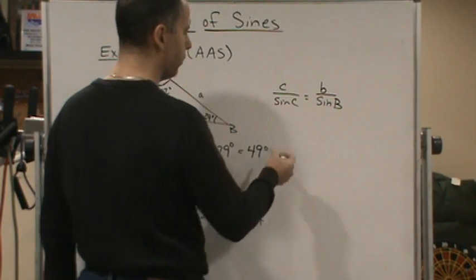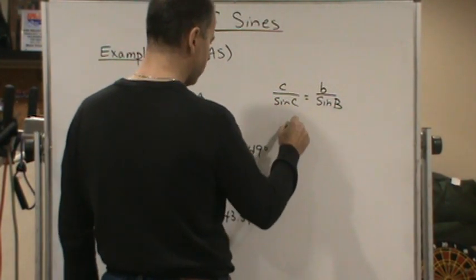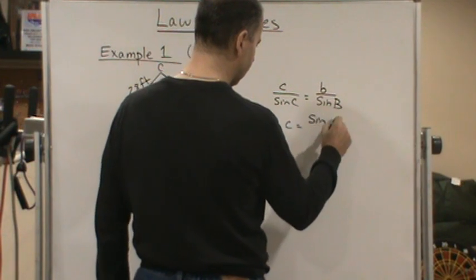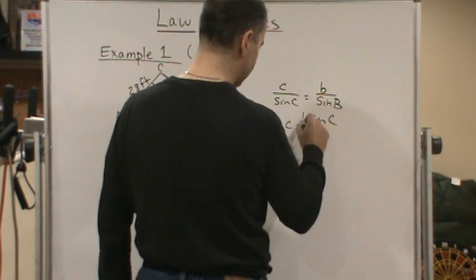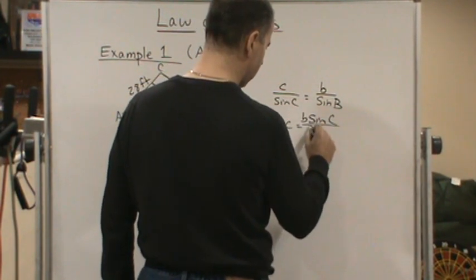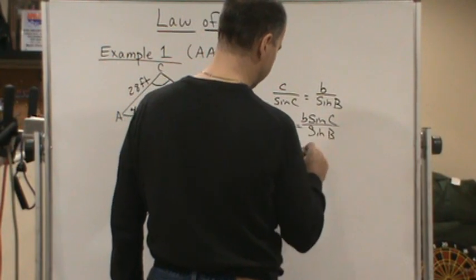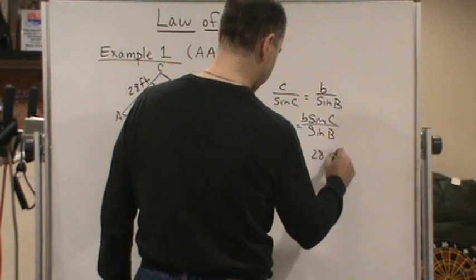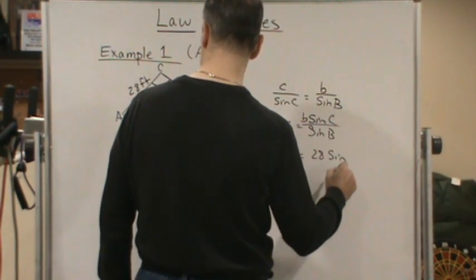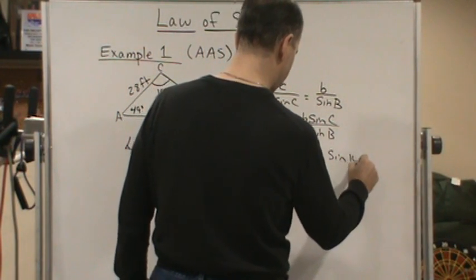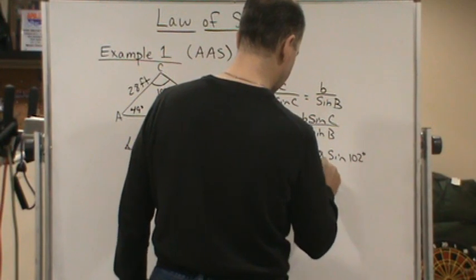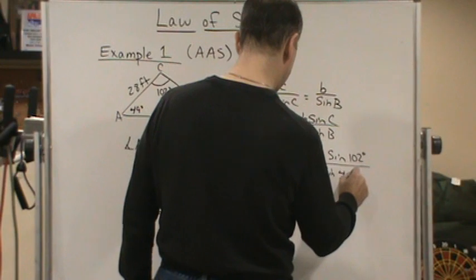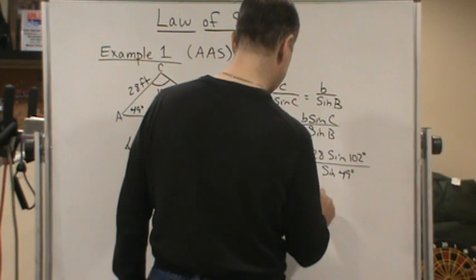Okay, so now we're going to do the exact same thing. C is going to equal sine C times B over sine B, which is equal to 28 sine of 102 degrees, divided by sine of 49 degrees.